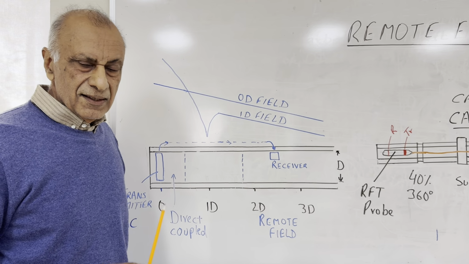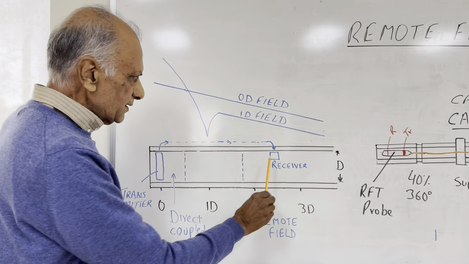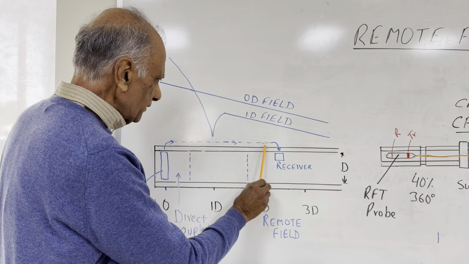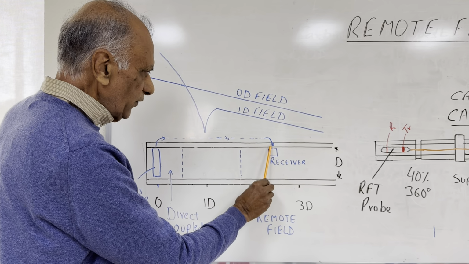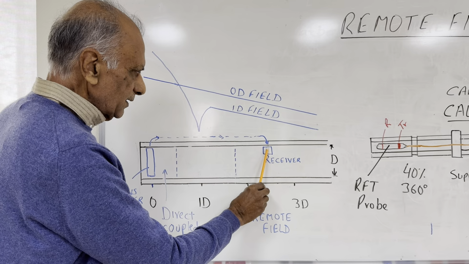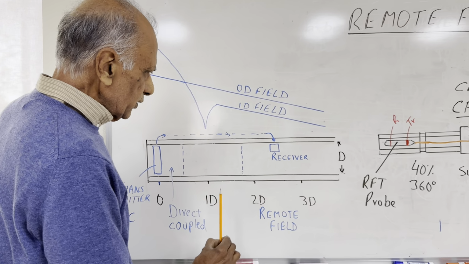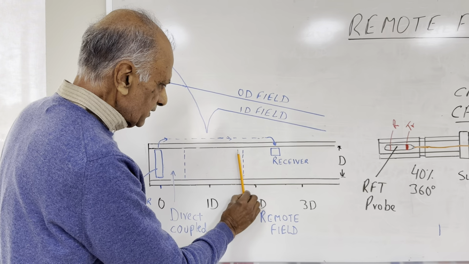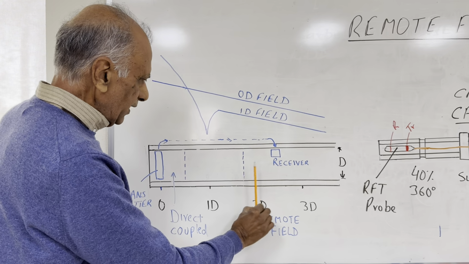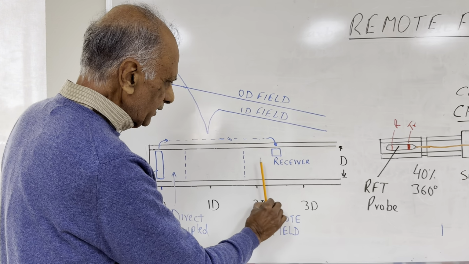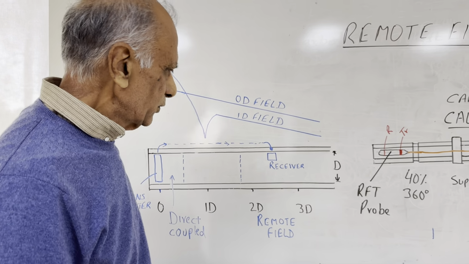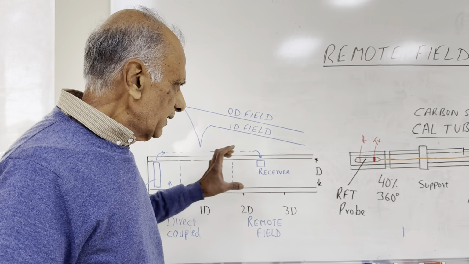So now if there is actually a wall loss, the time taken here, or the phase which is received by the receiver, will be affected. So just make sure that for this remote field, we have to keep the receiver more than 2 times the ID of the tube. Now this is how it's done.